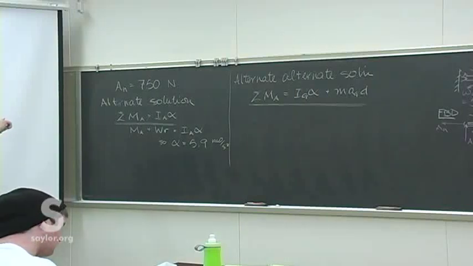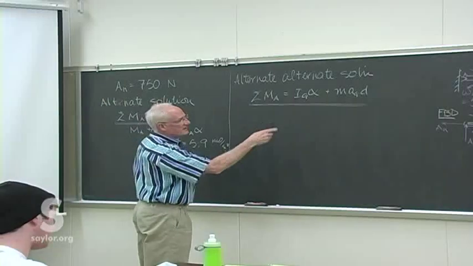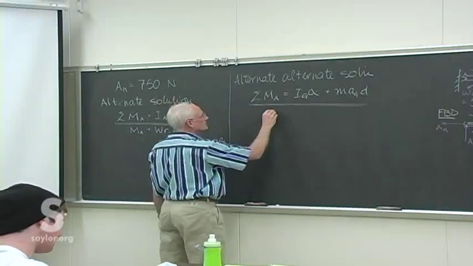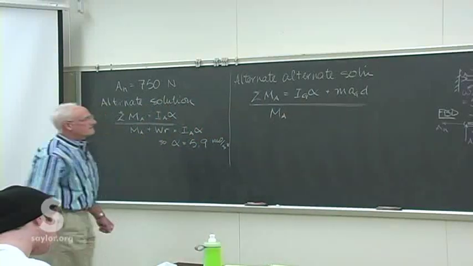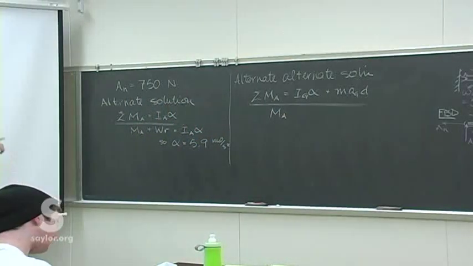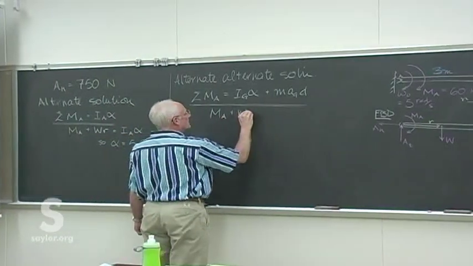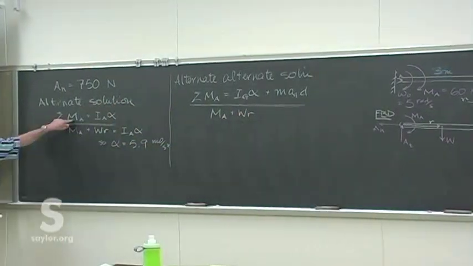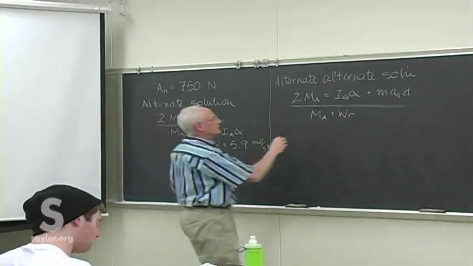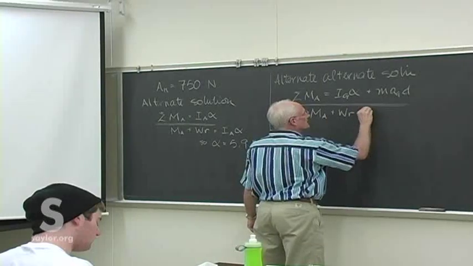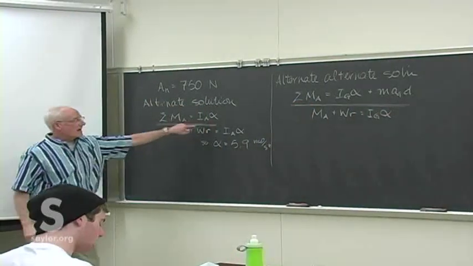And taking the clockwise direction as positive as before, because that's where our alpha goes. That looks like MA plus WR, just like before, because we're still summing the moments about A. It's just now things are a little bit different because we use IG instead of IA.